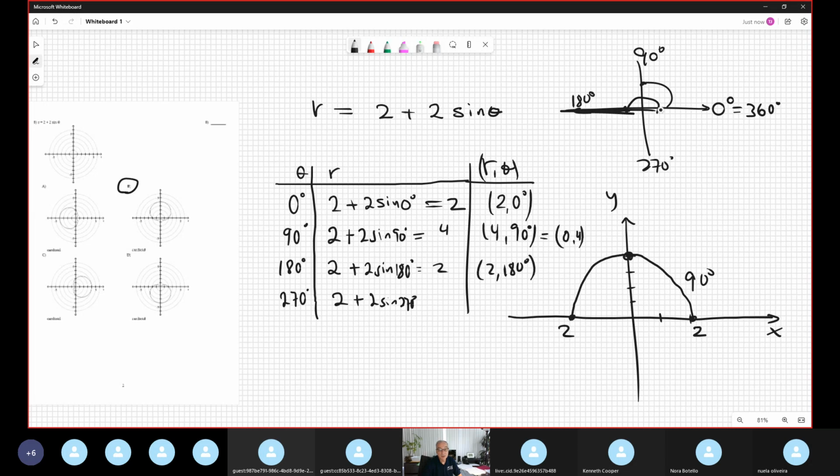Sine es -1, entonces es 0. Wow, es 0. O sea, that point is 0, 270 degrees. And I suppose que the last part es el de ángulo in between 270 and 360. And 360 is exactly the same as 0, so we return to this.